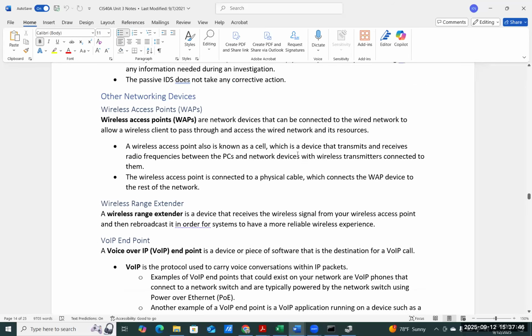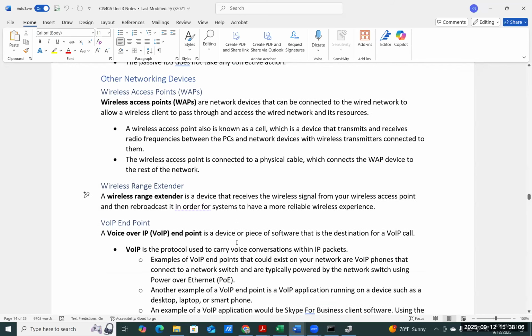And your wireless access point, I think we're familiar with that. That's different than your wireless router. Your router is able to route. Some access points do not route. It functions like a repeater or an extender. And then you have the wireless extender that's just going to extend the signal.